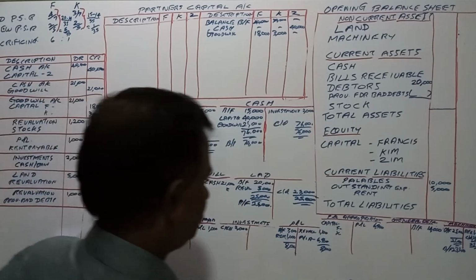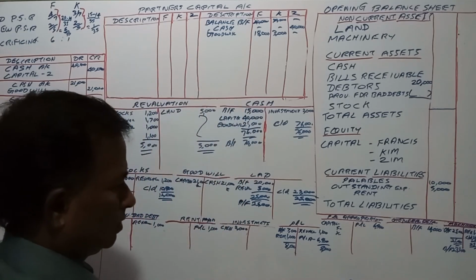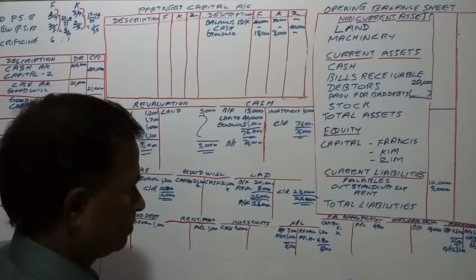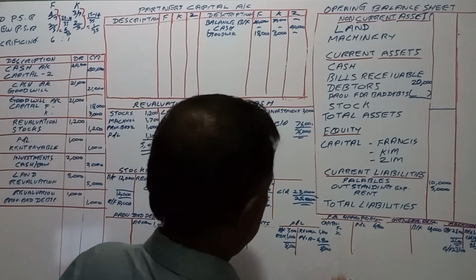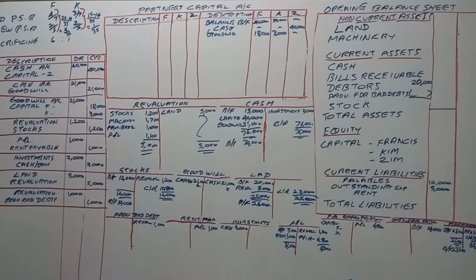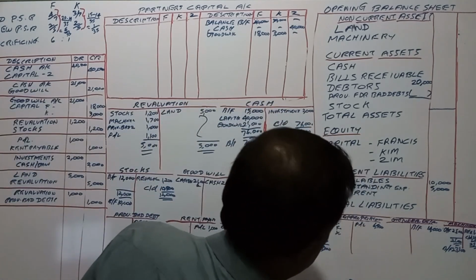Right? 6,900 divided by 7. Right? 6,900.